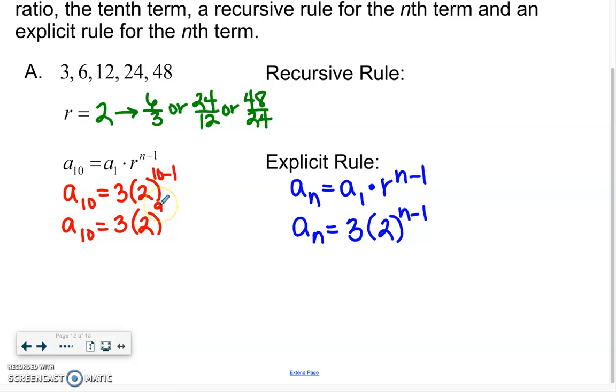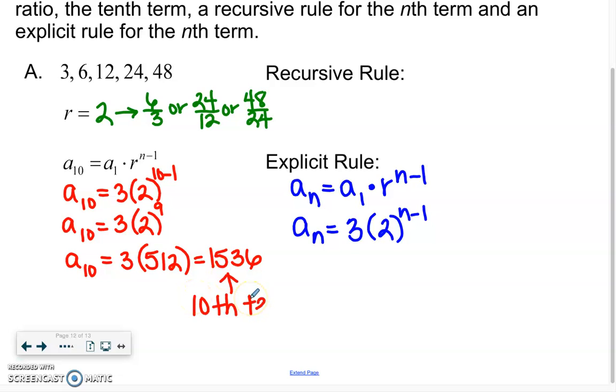Well, that would actually just give me a power of 9. Okay, so in my calculator, I'm going to do 2 to the 9th power. That gives me 512. And then 3 times 512 would be 1536. So my 10th term is 1536.